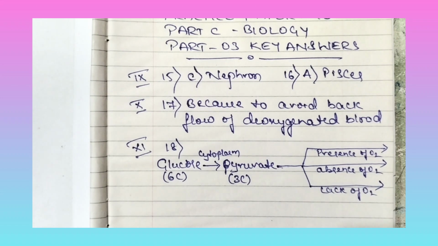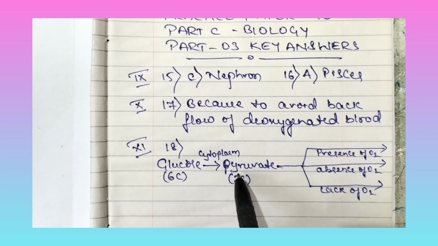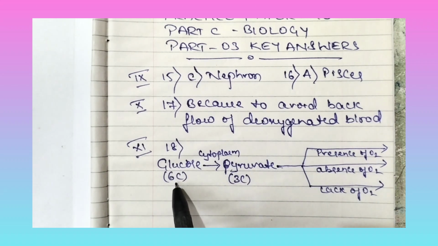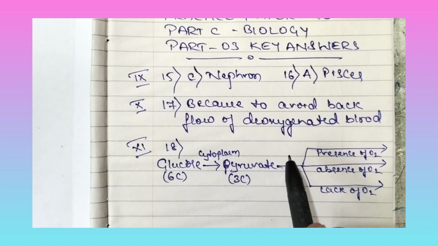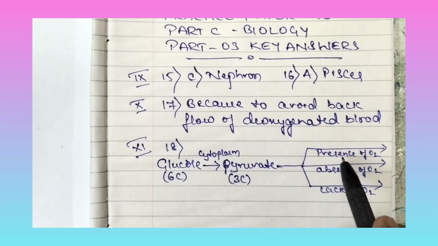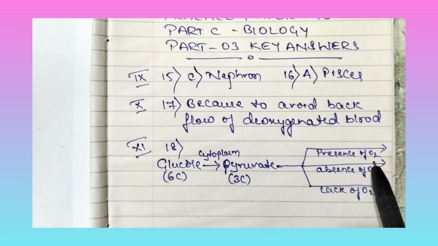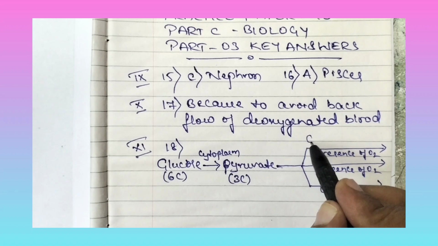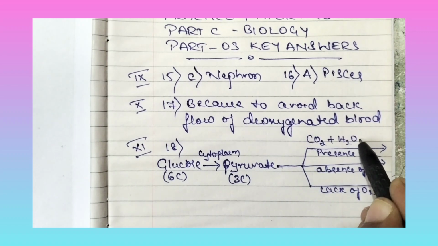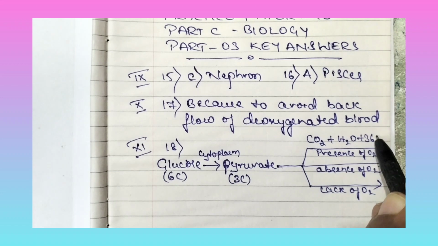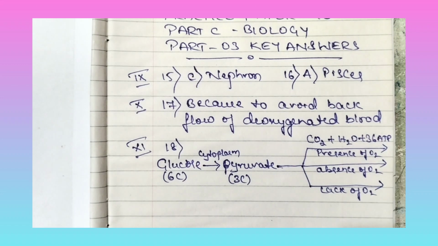So let us see what happens. Glucose, which is a 6 carbon compound, is converted into a 3 carbon compound called pyruvate in the cytoplasm of the cell. Pyruvate in presence of oxygen in the mitochondria will be converted into carbon dioxide, water, and it releases 36 ATP of energy.